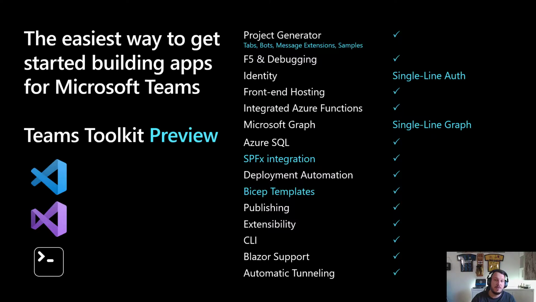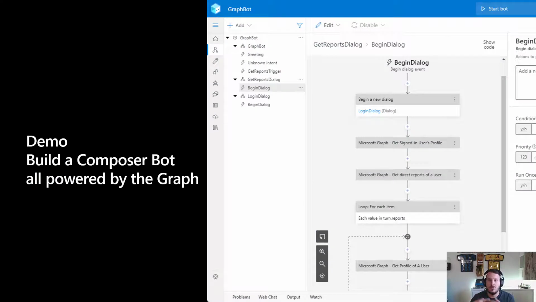But for this part of the session, as said, we'll be focusing on the bot part. So we'll be looking at the tool offered by the Bot Framework team, which is called Bot Framework Composer, a visual interface for building bots.